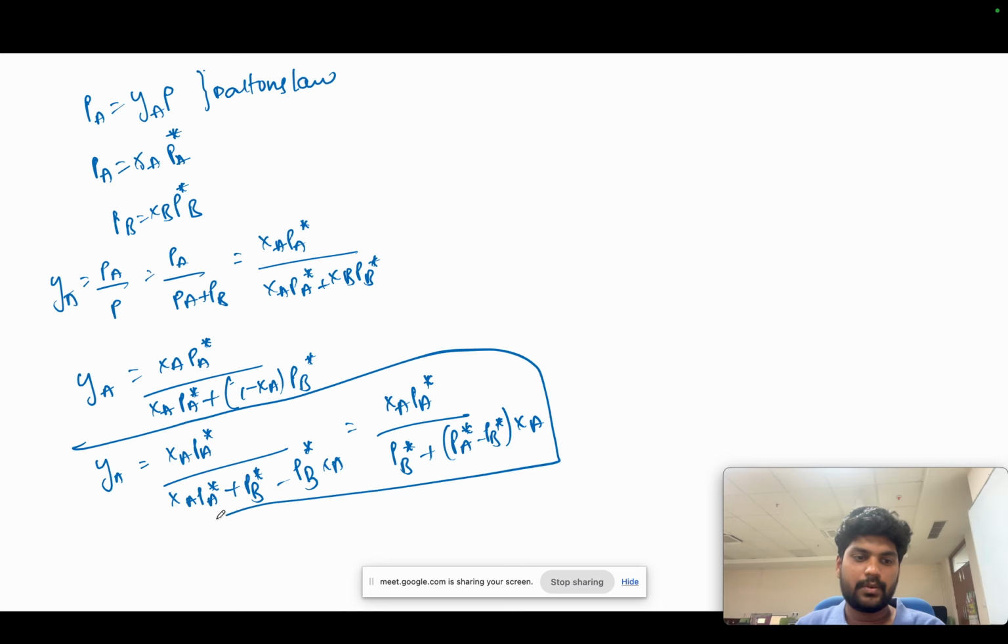So this is the equation for how much the mole fraction of A is converted to the gas phase, from the liquid to gas phase. So any doubts in this equation?